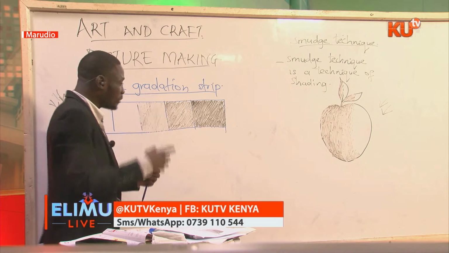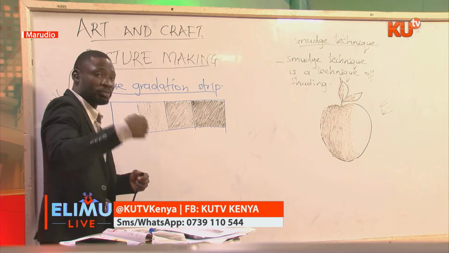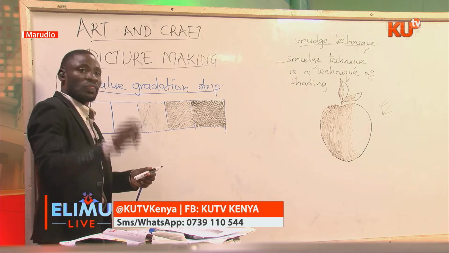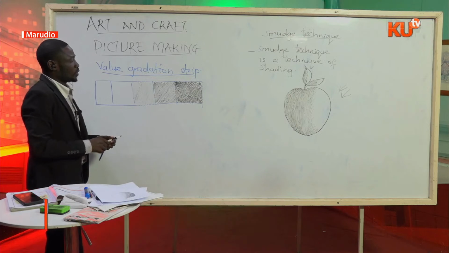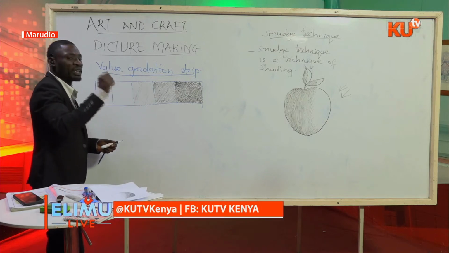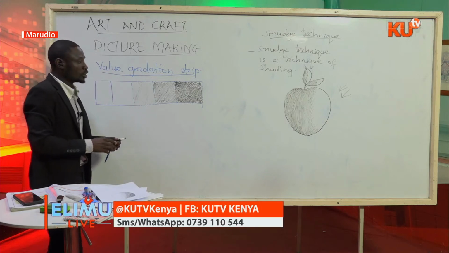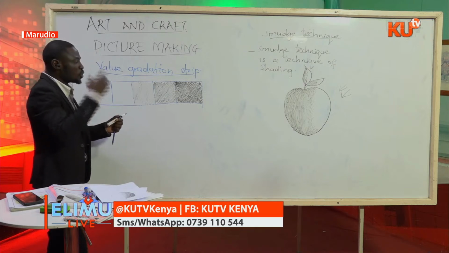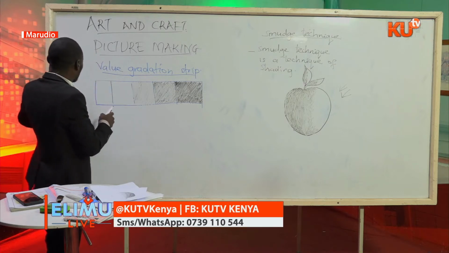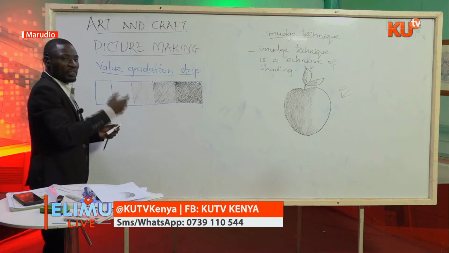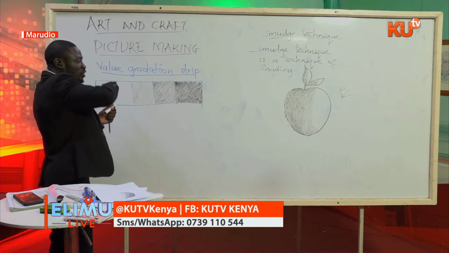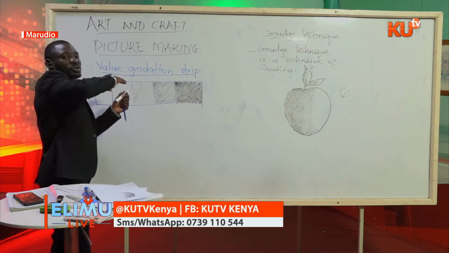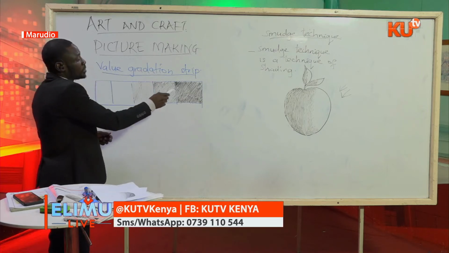Like I have said, and I'm repeating, when you are shading, first identify where the light is coming from, so that as you shade, you keep in mind where the light is coming from. Where the light is coming from appears lighter, and as you move away from the light, your shading becomes darker.